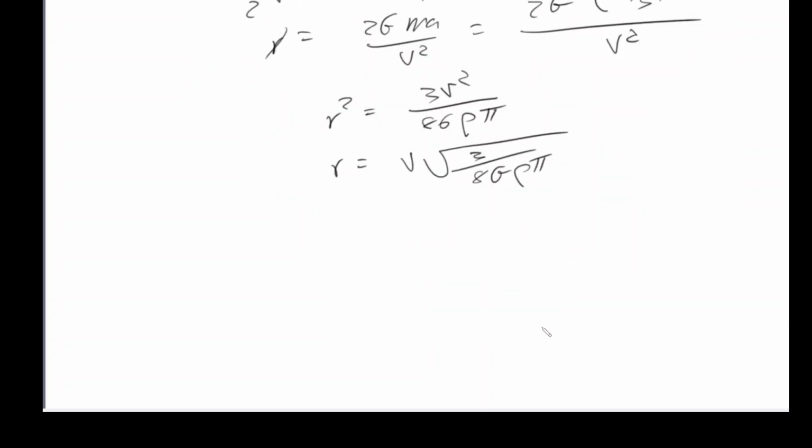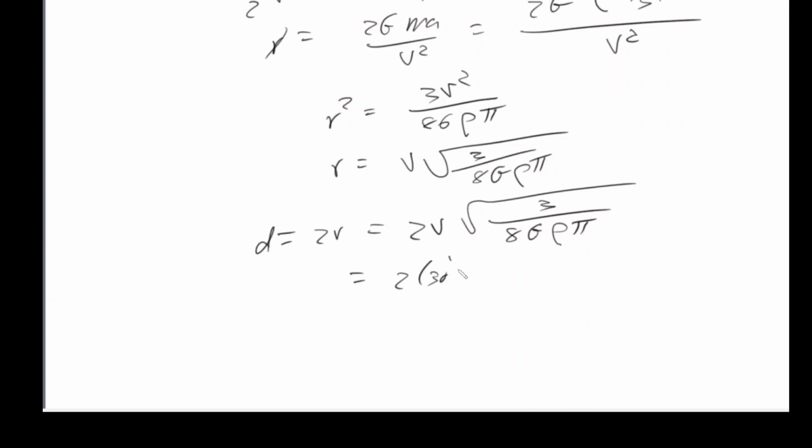But we want the diameter, which is twice the radius. So diameter is equal to 2r, which is equal to 2 times v times the square root of 3 over 8G density times pi. And we can put these values in.